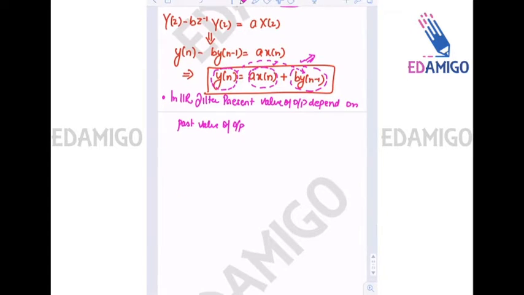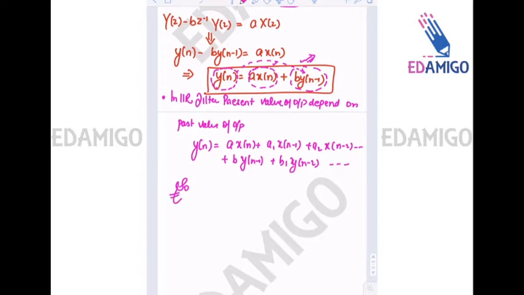If I write a general form, it will be A times x[n] plus A1 times x[n minus 1] plus A2 times x[n minus 2] and so on, plus B times y[n minus 1] plus B1 times y[n minus 2] and so on. So this is a very important property of IIR filter.